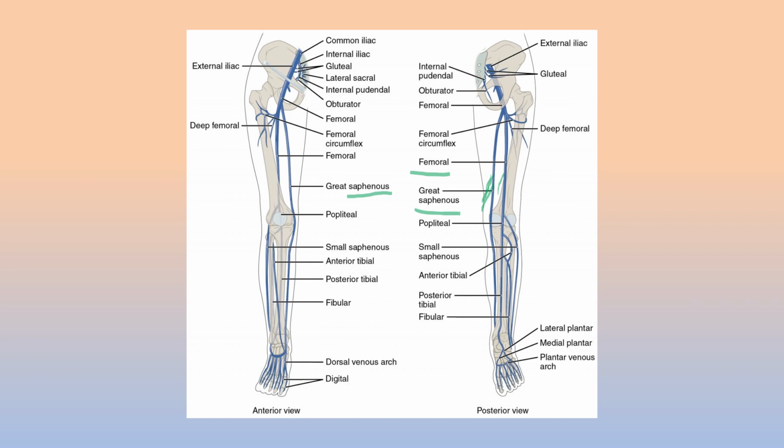Regardless, remember, medial is inside. Once again, popliteal. And then the small saphenous is going to branch off of the femoral below the knee. So use all of those guides to help you with the identification, and keep in mind the structure of all of your blood vessels.